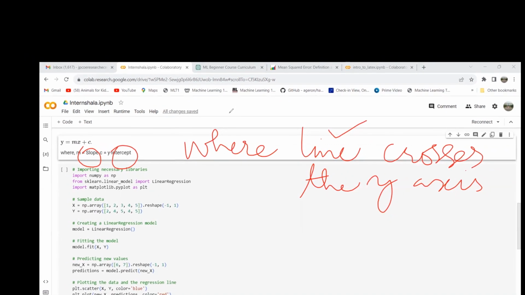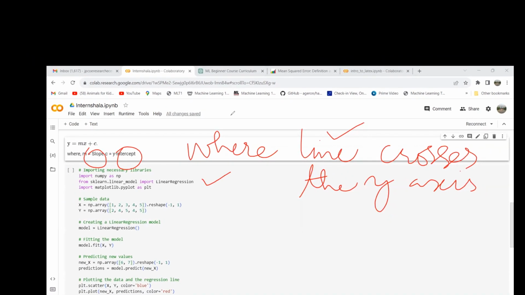So in the code, we'll first bring all the necessary libraries. We'll bring a sample data. This data can be changed with respect to how the application is. And we'll bring a model, which is the linear regression model, which we have been discussing until now.